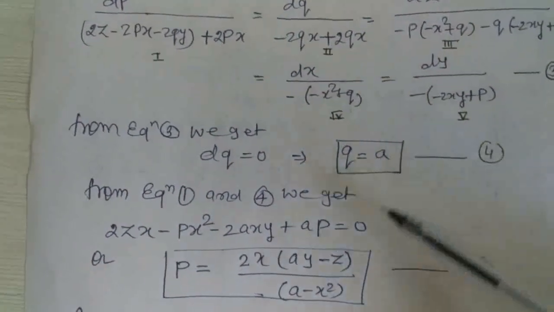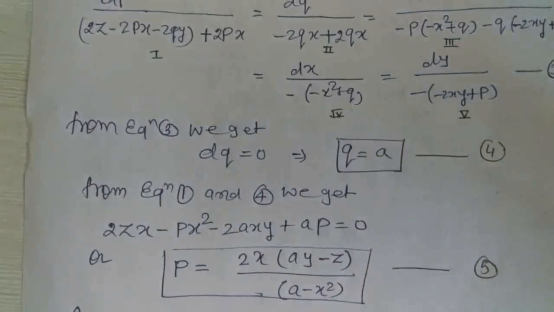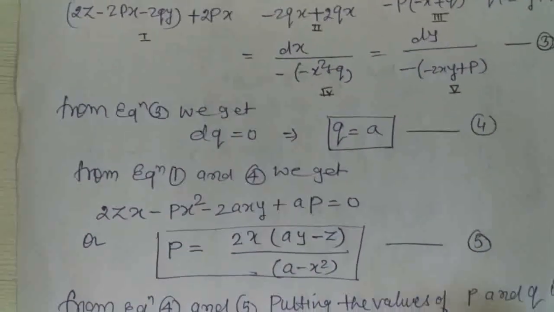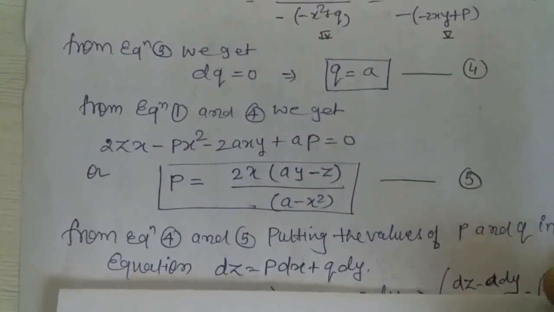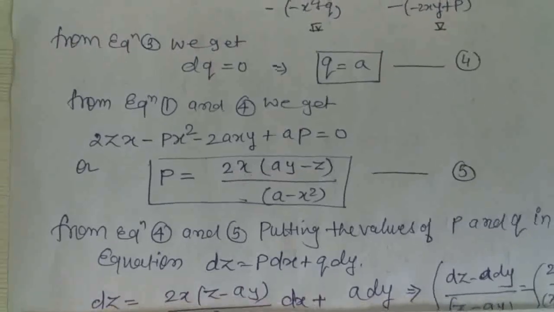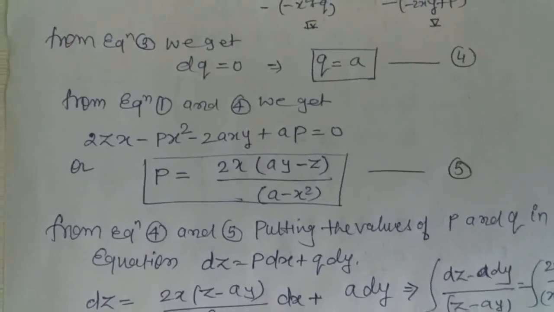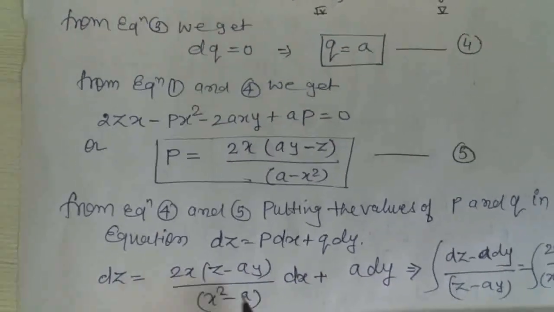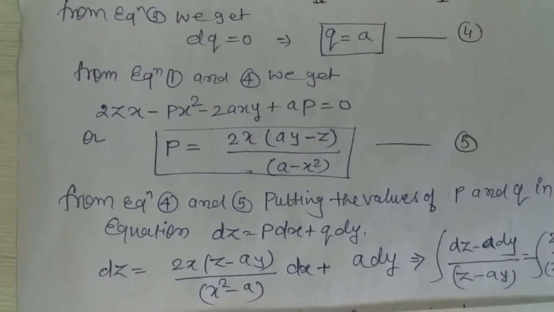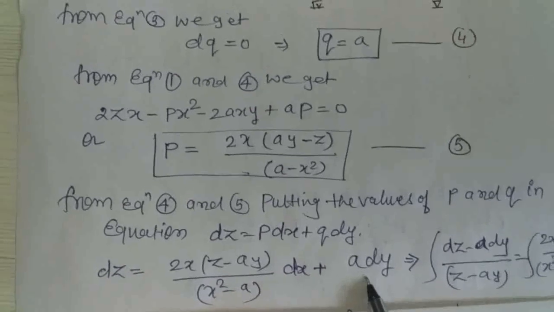So these are the values of p and q. Now putting the values of p and q in dz equal to p dx plus q dy, we get dz equal to 2x into z minus ay divided by x square minus a dx plus a dy.